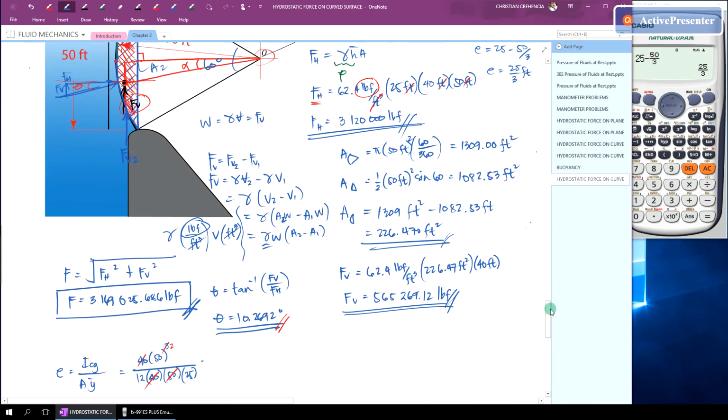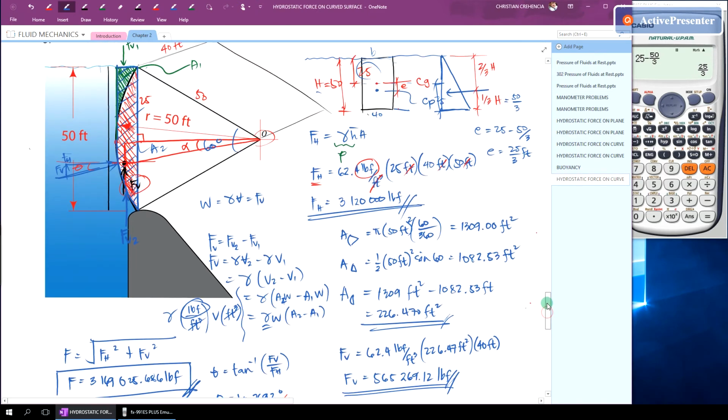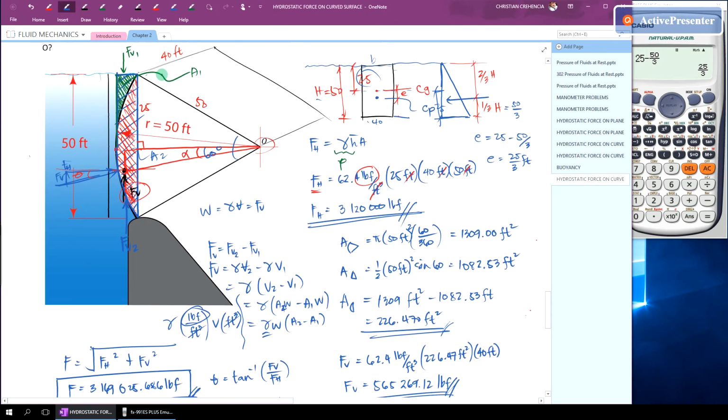Okay? So next, kailangan natin makuha yung distance or yung centroid. Okay. So of course, yung force, yung vertical component ng hydrostatic forces, nakuha natin by solving for the weight of this imaginary volume of water, no? Itong portion na 'to. Okay?